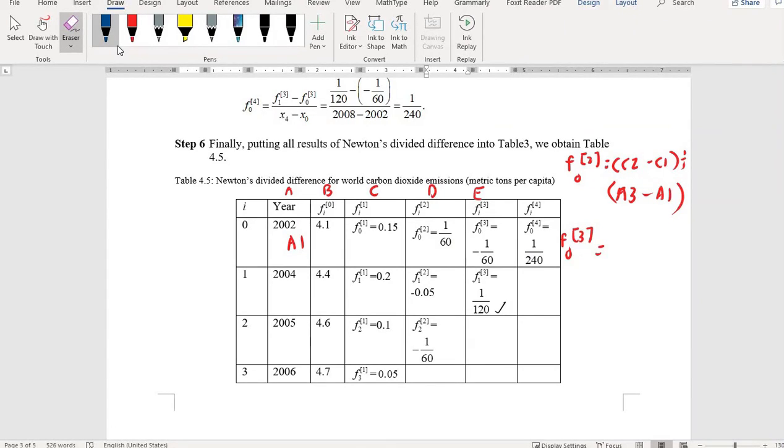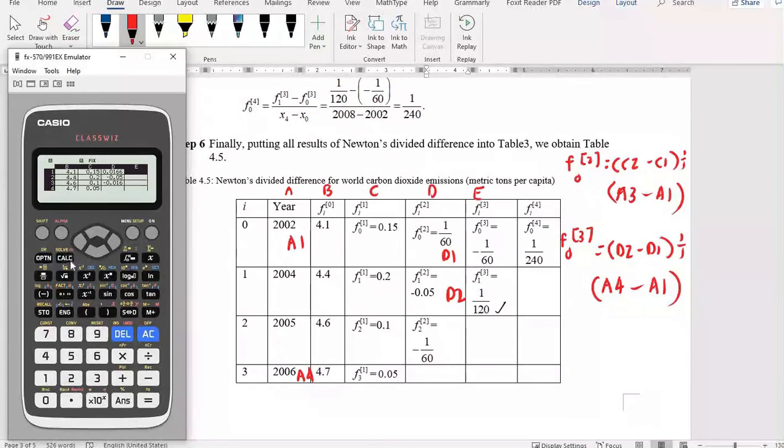F03 will depend on D1, D2 minus D1. The numerator is D2 minus D1 divided by, 0 plus 3, x number 3: A1, A2, A3, so this will be A4. A4 minus A1.